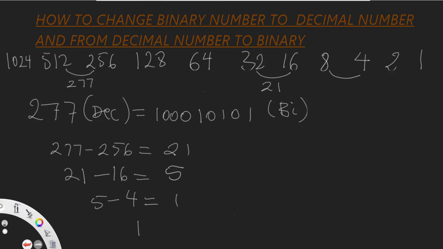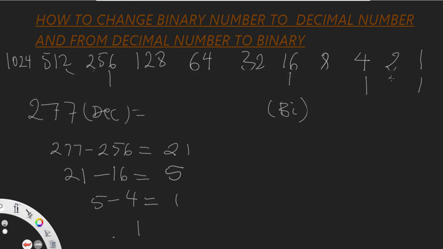Now, what are you going to do the last thing now? This will be simple now. For 256, we put 1. 16 will put 1. 4 will put 1. 1 will put 1.